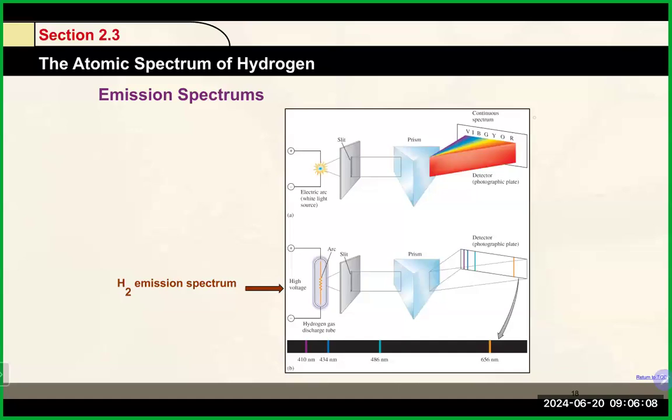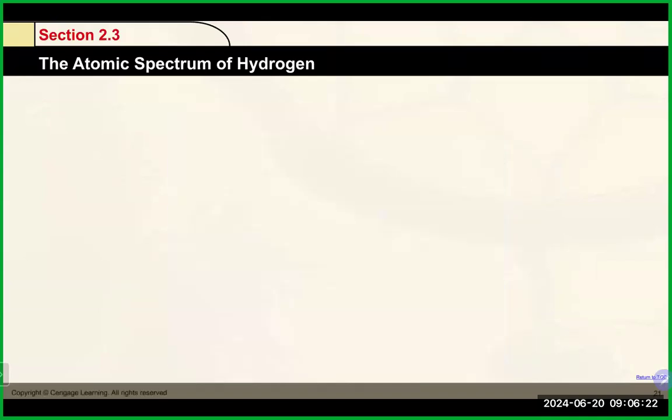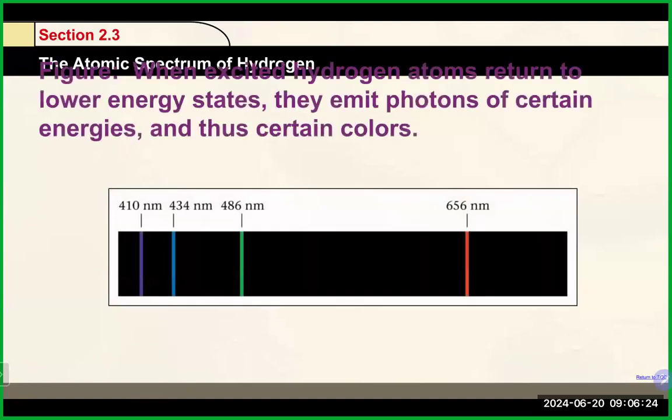Up here is more of a continuous spectrum. You can see all the colors coming off at once. But here we see distinct lines, each one representing different electrons transitioning to different wavelengths or energy levels. So in the case of hydrogen, we see these 4 distinct lines.